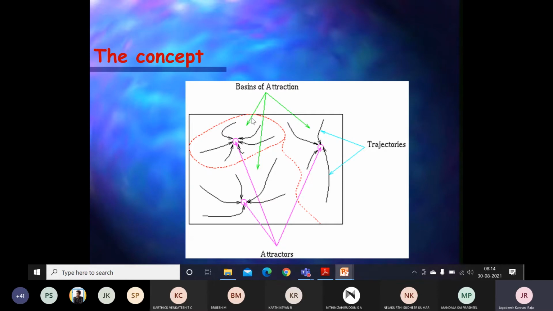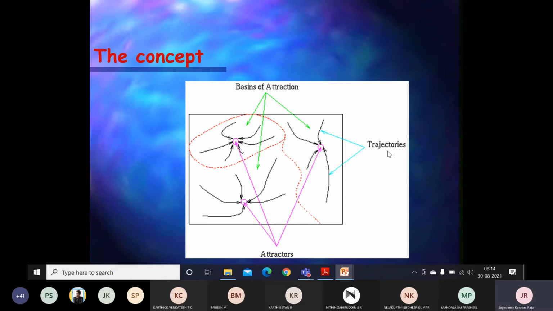So one, this particular red color dots in the top, and the other red color dots which separate the other two regions. So this may be considered as region number 1, this may be considered as region number 2, and this may be considered as region number 3. So we have three regions, and these three regions are considered as basins of attraction.